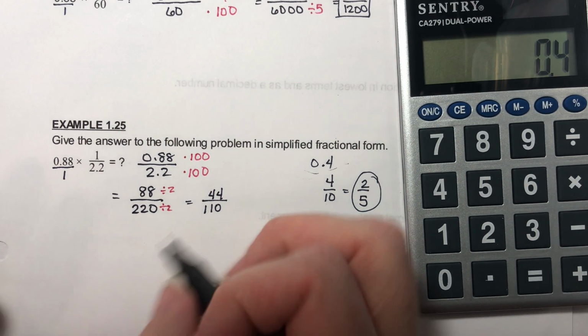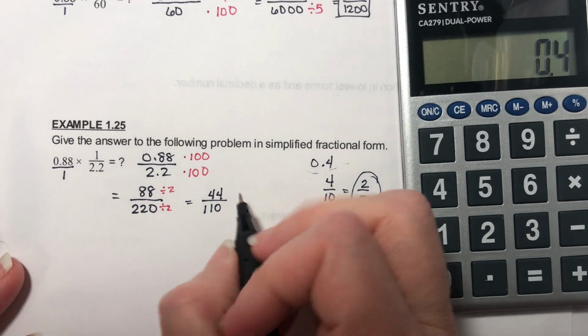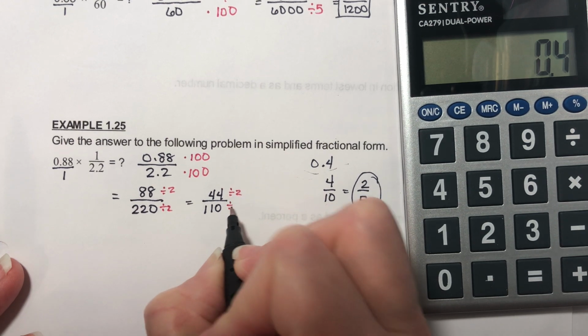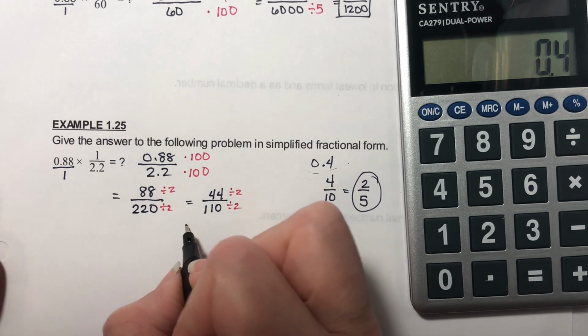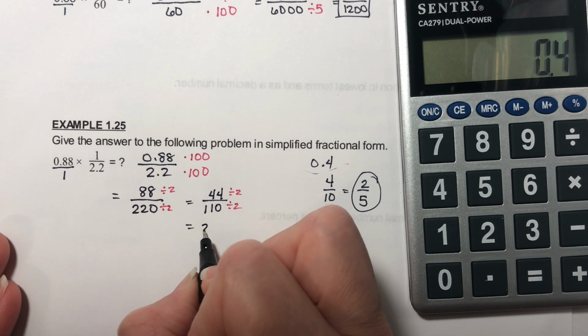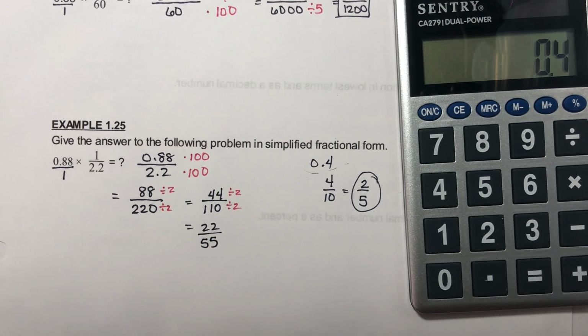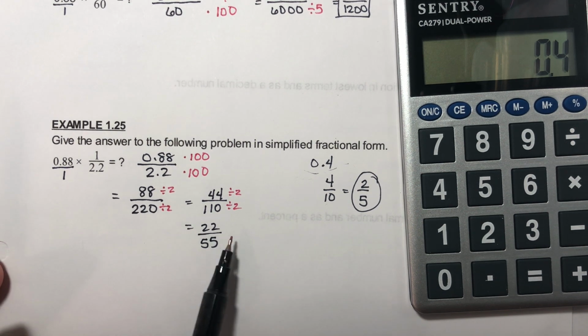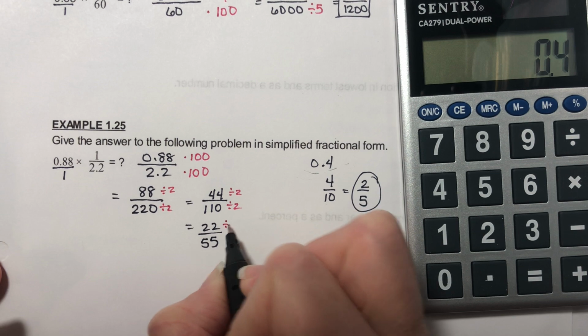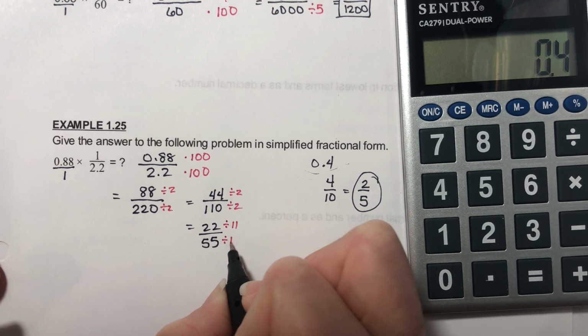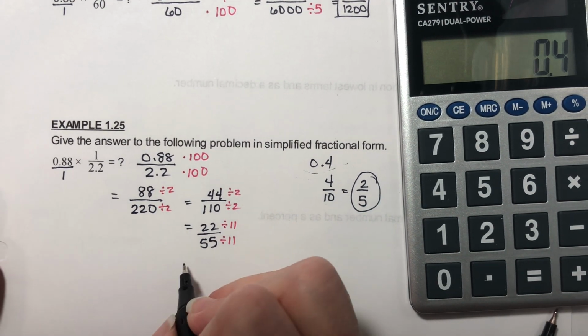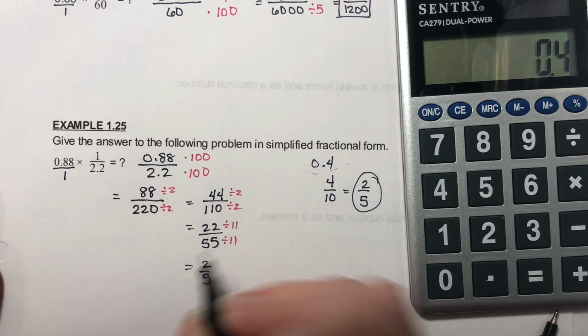Those are both even, so I could divide by 2 again, which will give me 22 over 55. Now, repeated digits, these are divisible by 11, which gives me 2/5, which is what I had right here.